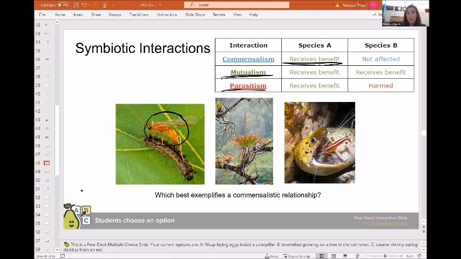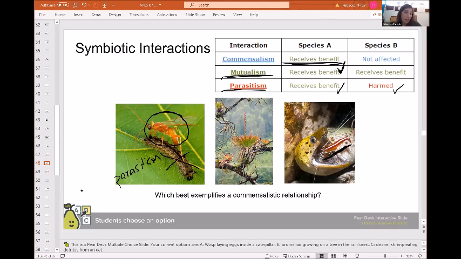That's going to really help this wasp's offspring survive. Not great for the caterpillar though. So you've got that benefit of one and then the harm. So this definitely is parasitism. And in fact, we call these parasitic wasps, but they're great for natural pest control.